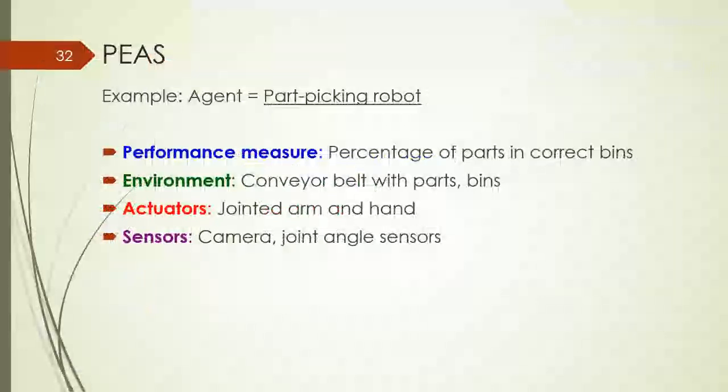For part picking robots in industry, in manufacturing, the performance will be the percentage of parts in the correct bins, or the percentage of parts in incorrect bins.